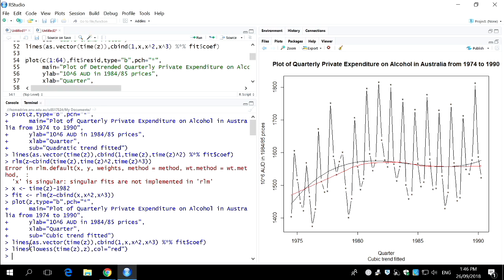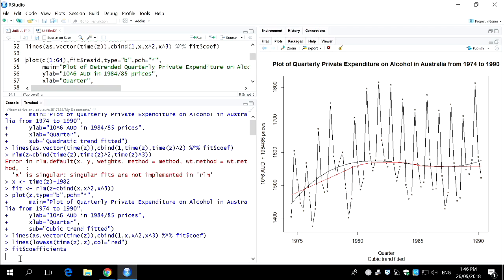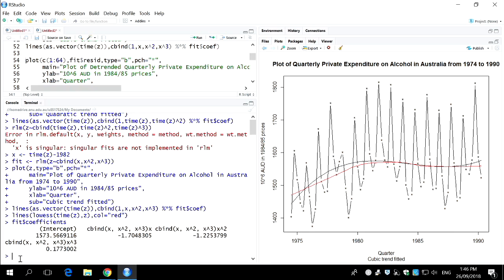And it's easy to write down, right? If I go fit dollar coef, I get these numbers here. And now I'm able to say what my model is.